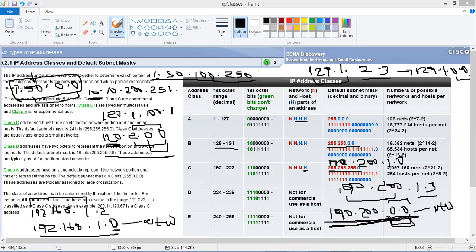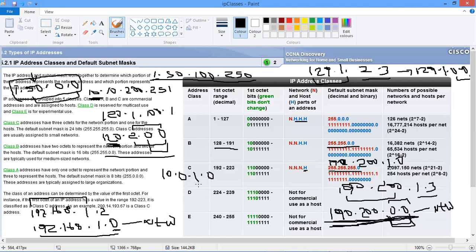So, a recap of what I did before: IP addresses and network addresses. Now, if I give you something like this, let's say 10.0.1.0. What's this? Is it an IP address or a network address? IP address.